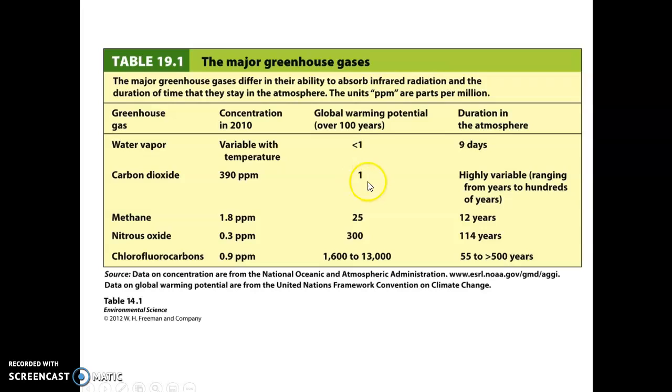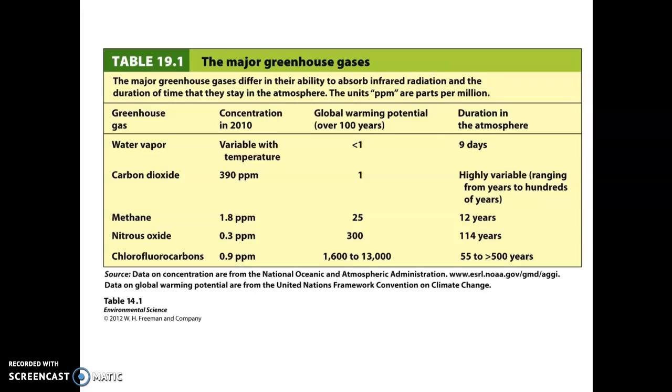And if we use carbon dioxide as a baseline of 1 and compare these other greenhouse gases to carbon dioxide, you can see that methane is about 25 times more potent as a warming gas than carbon dioxide. So even though it's present in smaller quantities, it's more powerful, and these quantities as well have also been increasing. Nitrous oxide, 300 times more global warming potential than carbon dioxide, and CFCs, crazy 1,600 to 13,000 times.